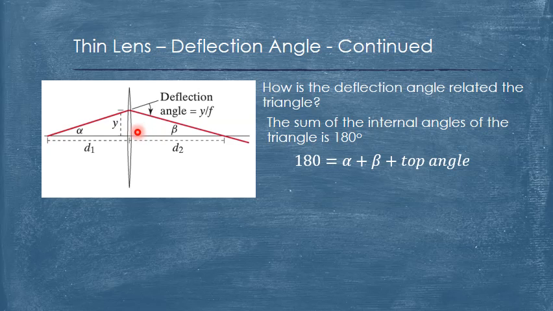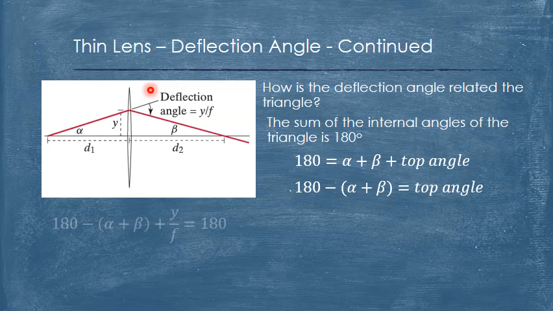So 180 has to equal alpha plus beta plus this top angle right here. And so the top angle has to be equivalent to that. Then I have this straight line, and the angle along this straight line has to be 180 degrees. So I know this angle plus that angle has to be 180 degrees.